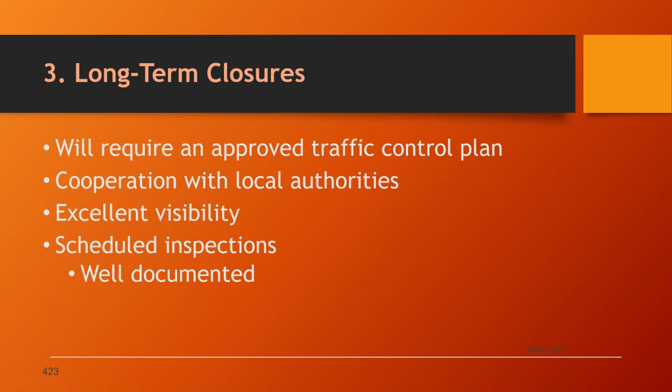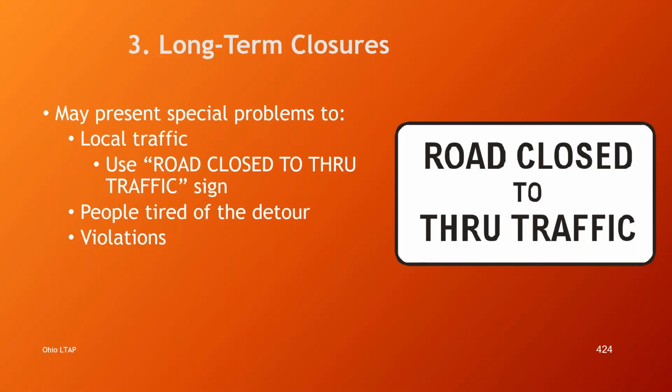Make sure when you are installing the approved signage that, as we discussed earlier, you install them in a way that the motorists can actually see those signs well, not place signs behind a pole or something. And you need to schedule inspections and make sure that everything is well documented.